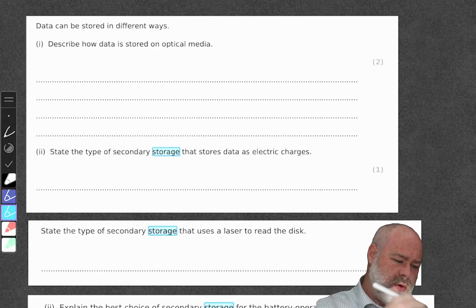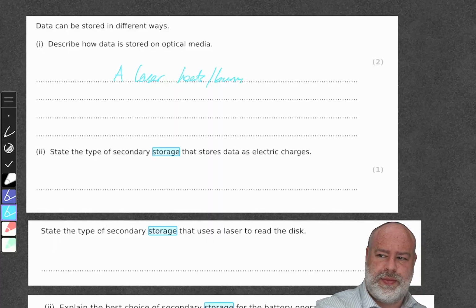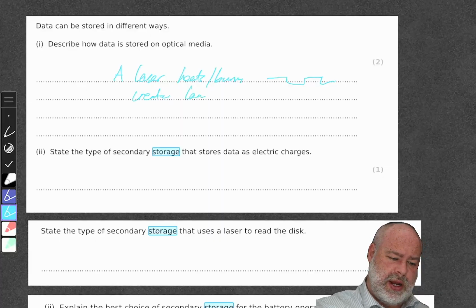So we talked just a little bit about that. A laser heats or burns areas of a disk which create lands and pits. Not that I would draw on here, but I'm just abbreviating, create lands and pits.